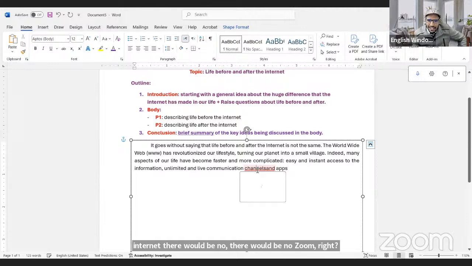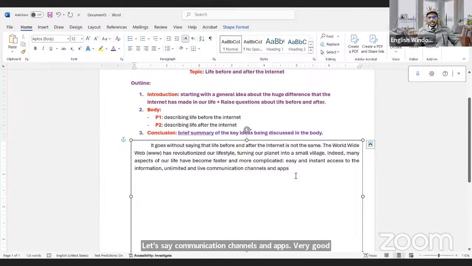There would be no other communication software. So unlimited and live communication channels. Let's say communication or communicative, which one do you think is better? Let's say communication channels and apps.